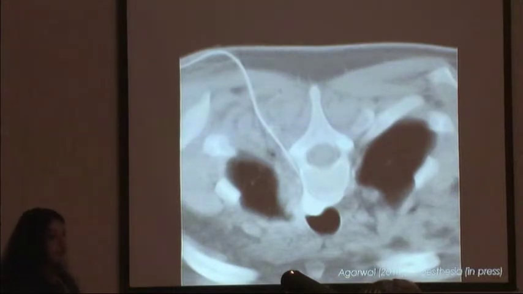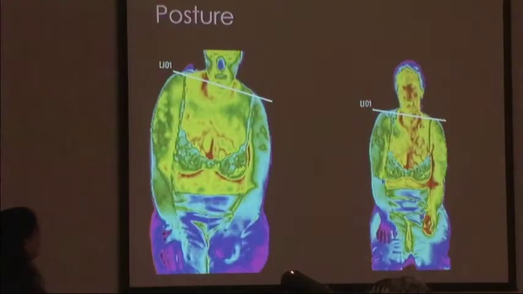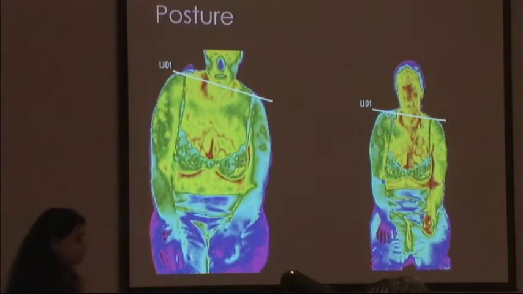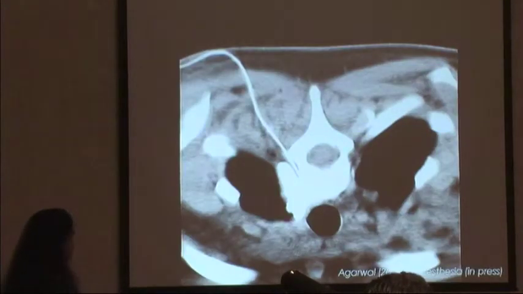Now, if this shows up, we are sure that we are in the right position, and connect a pump to the catheter and do continuous infusion of 0.2% ropivacaine, 10 milliliters an hour, for however long the patient needs it.